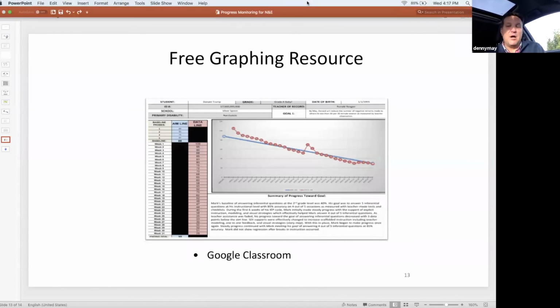It hits all the check boxes. If you're looking at a folder and you're saying, is progress monitoring in fact in place here? We can see it's being done with fidelity because there's analysis, there's change, there's documentation, there's data points, there's dates, it's named. We know what they're trying to measure here, and so everything is in place.